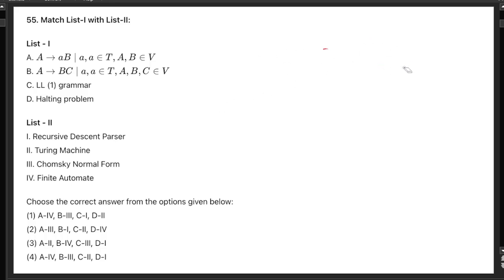Just one problem happened here. Let's correct this and see this one by one. So A derives AB. This matches with our finite automata. This was correct.